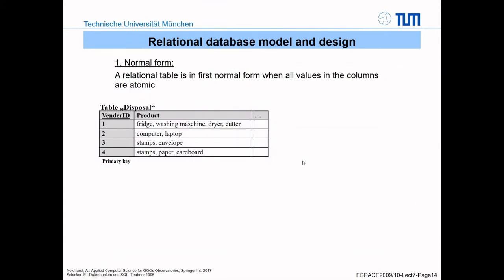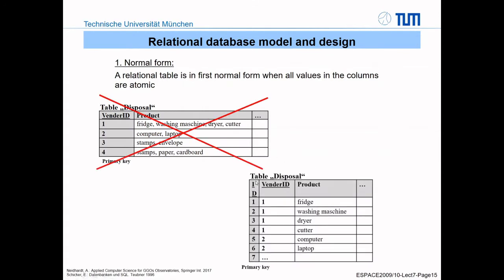So the first one is quite simple. Here at this table, you will have a list of elements, and you split this list of elements into single atomic elements per record element. So what does it mean? You have the ID again, but then you don't have a vendor ID which directly contains the list of all products the vendor offers.